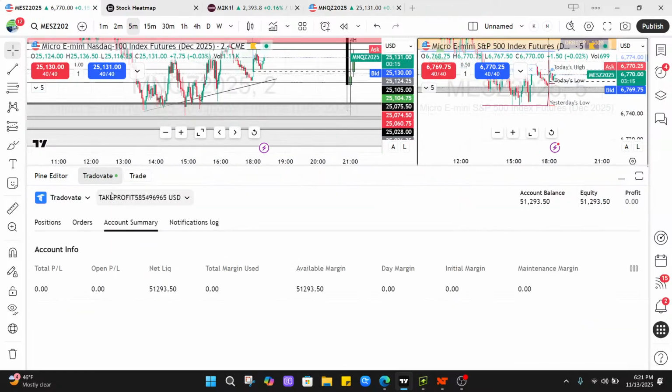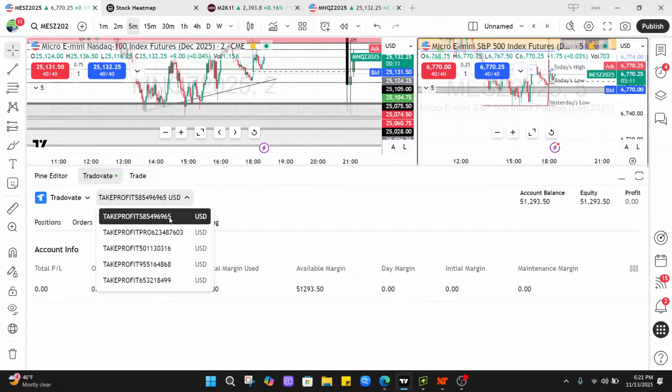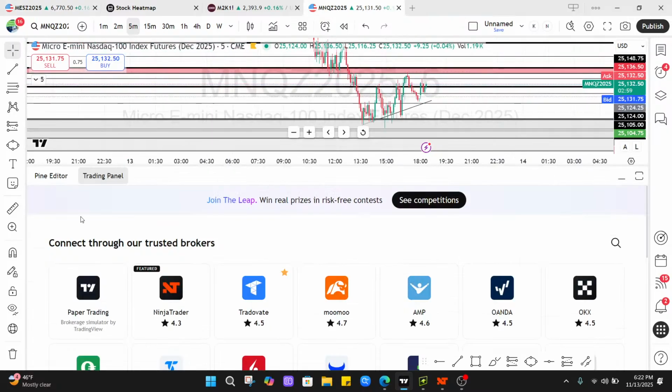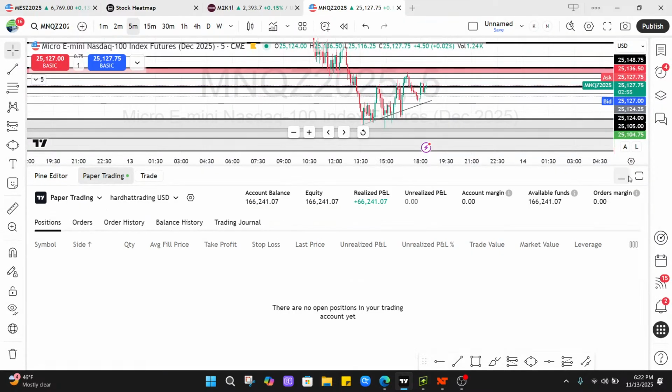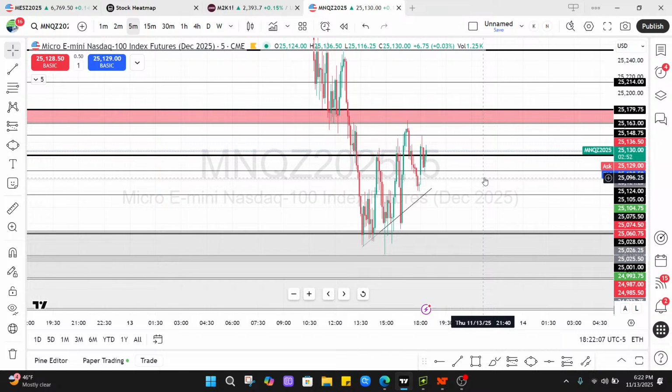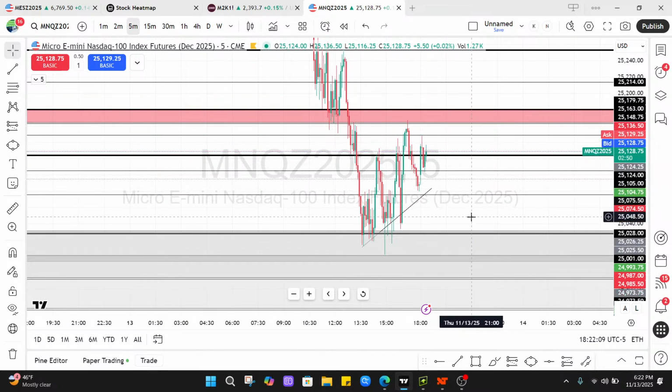Am I already here? Okay, here I am. I'm on my Take Profit account here. And this is actually being copy traded already, so there's no trades that I really want to take right now. We'll stay on this with the paper account. I don't want to just click a button randomly and do some dumb stuff.